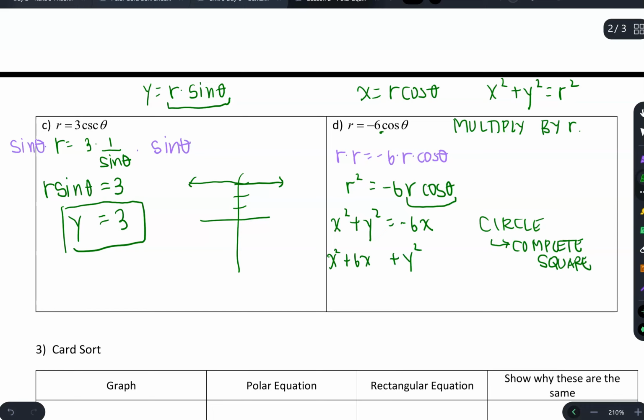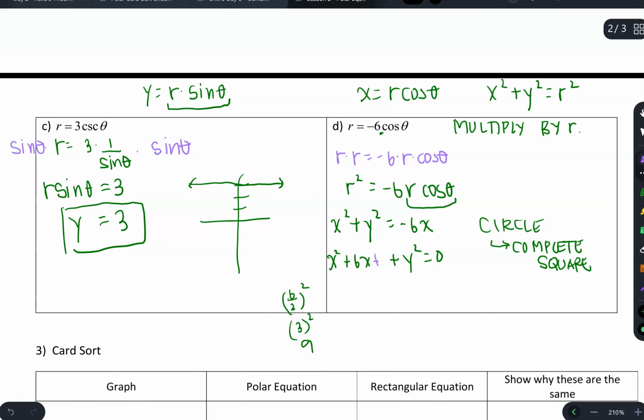And you're only going to need to complete the square for the x value. So what's half of 6? Half of 6 is 3. And 3 squared is 9. So remember, you add that to both sides. So you add 9 to both sides here. And then you'll factor this one. So this will be x plus 3, all of that squared, plus y squared is going to be equal to 9.